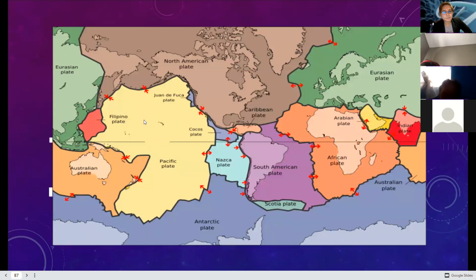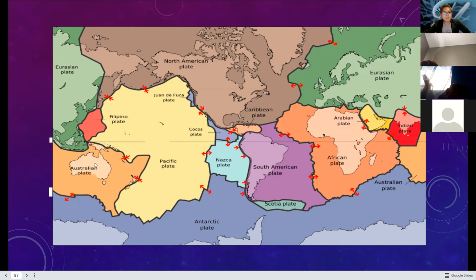Pacific plate is in here. Eurasian plate, North American plate, Caribbean plate. Eurasian plate. This is Asian plate. Okay, Pacific plate.